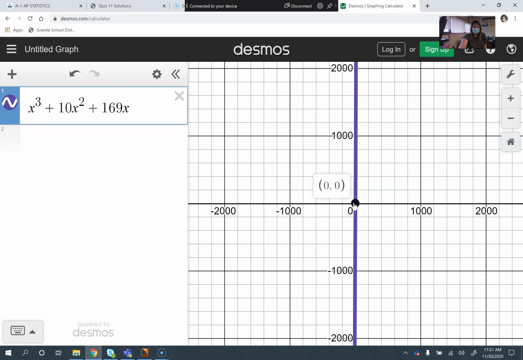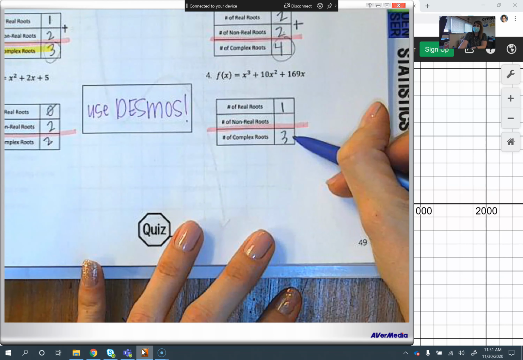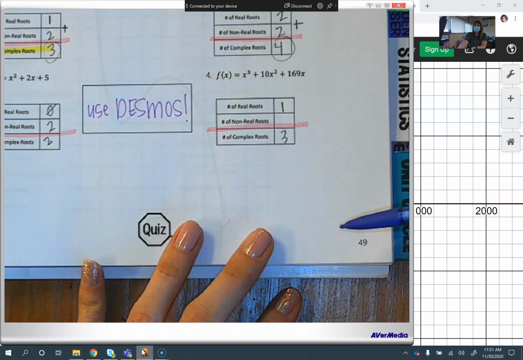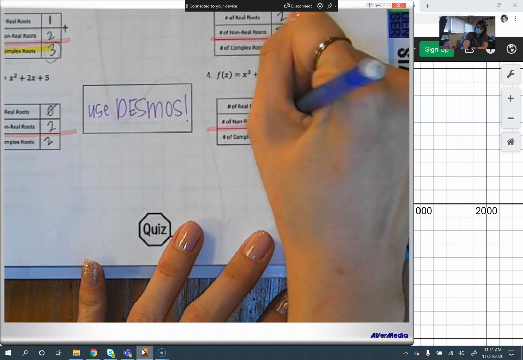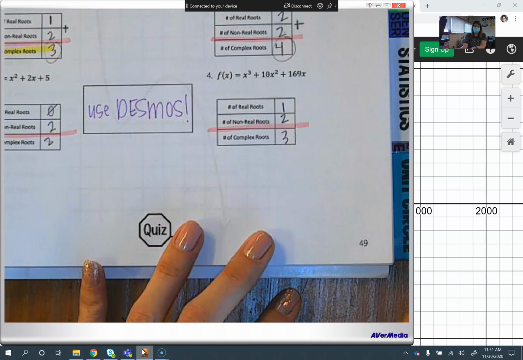So it looks like the only place that it passes is at 0, 0. So this is 1 real root. And if I'm supposed to have a total of 3, how many of them must be imaginary? Do you see what's happening here? Are you sure?